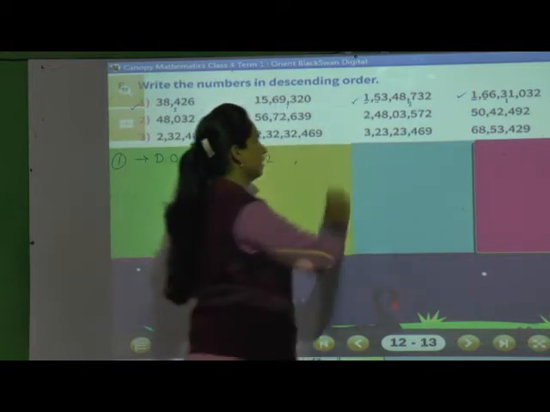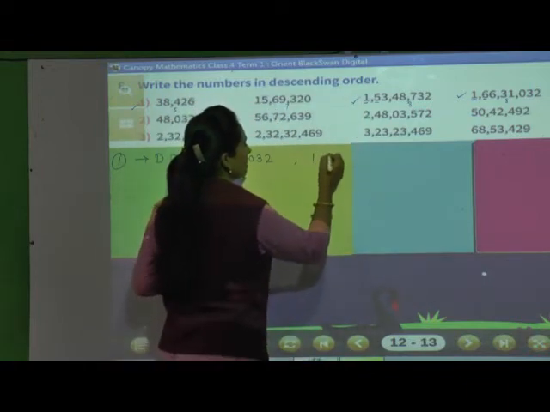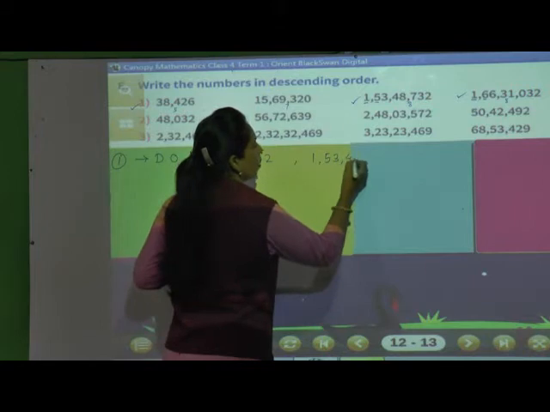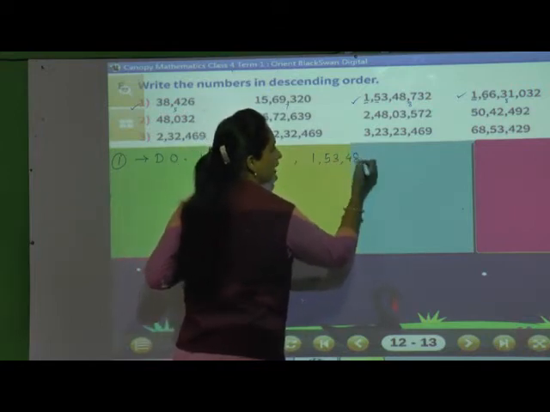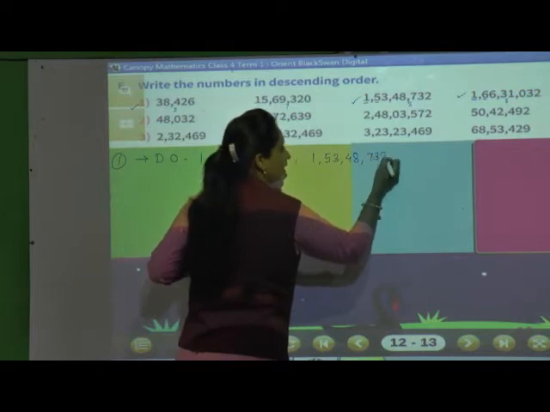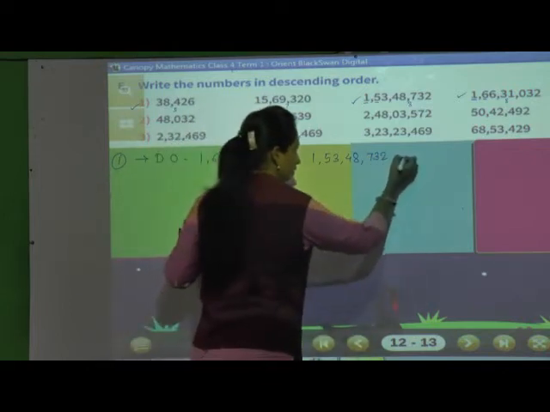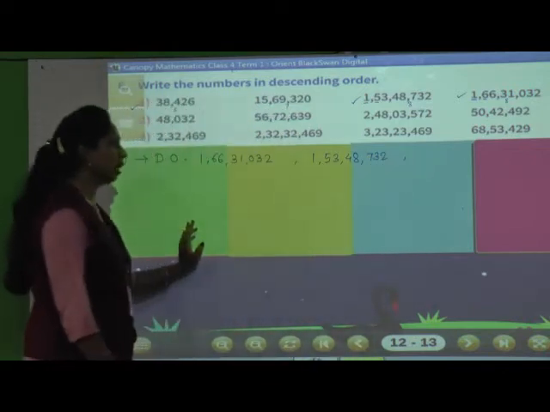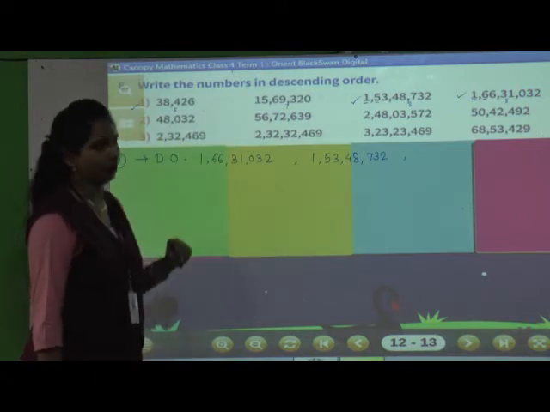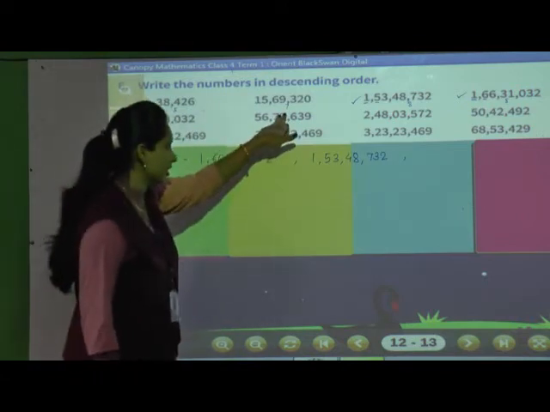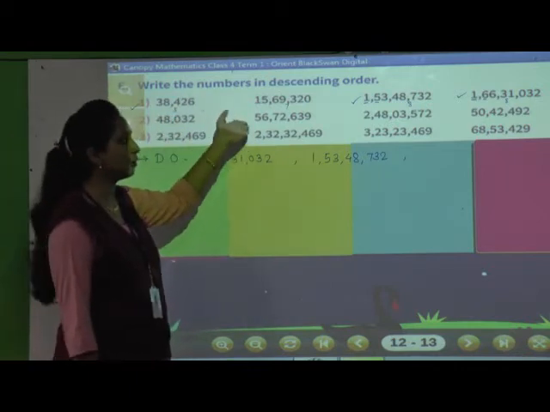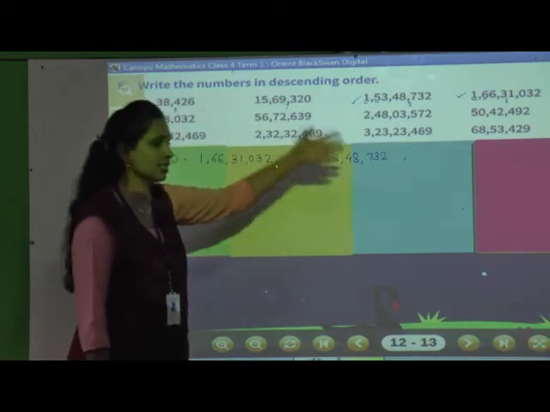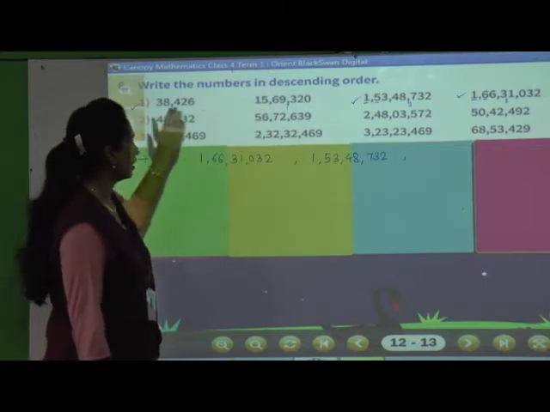Now automatically 6 after 5 will come. So we will take this number in second place, 1 crore 53 lakhs 48,732. Now we again have two more numbers. One is 7 digit, one is 5 digit. Now no need to read the number. Without reading also you can copy the numbers. How? Because the digits are already given.